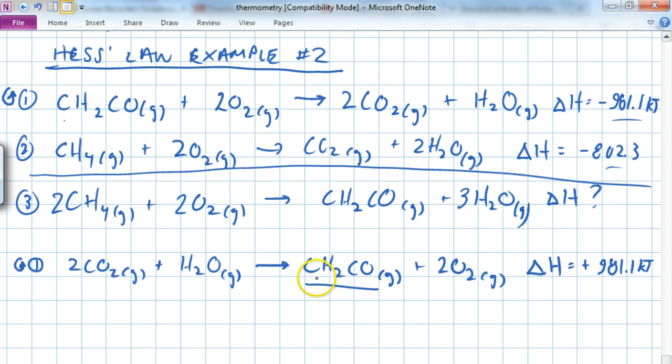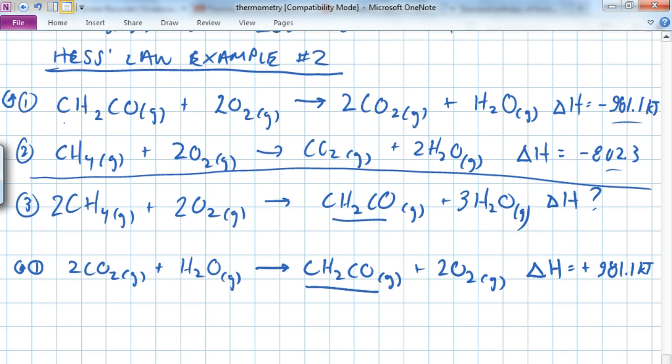Now notice that I have CH2CO on the correct side now, and I have only one of them, so I'm pretty happy right now as to what I've got. But let's look at the second one. The second equation's got a problem because I have 2 methanes in my final equation, but only 1 methane in equation 2. So all we're going to do is multiply by 2 for equation 2.